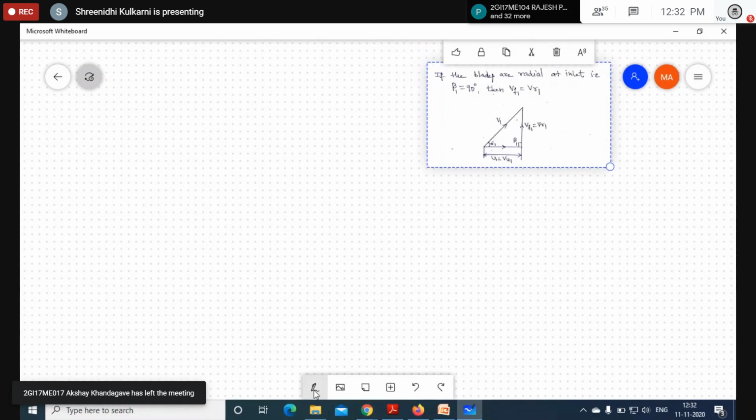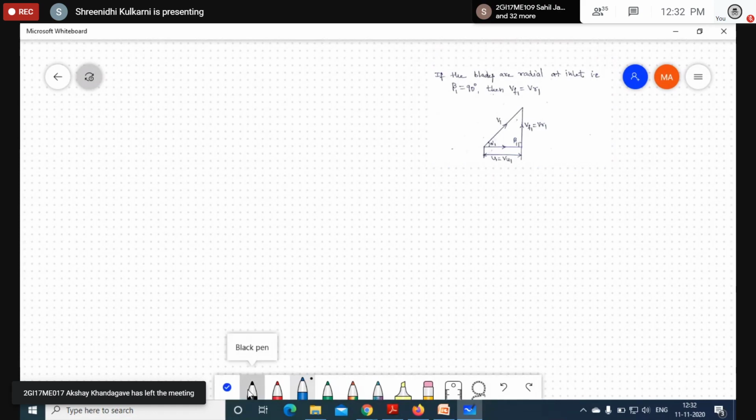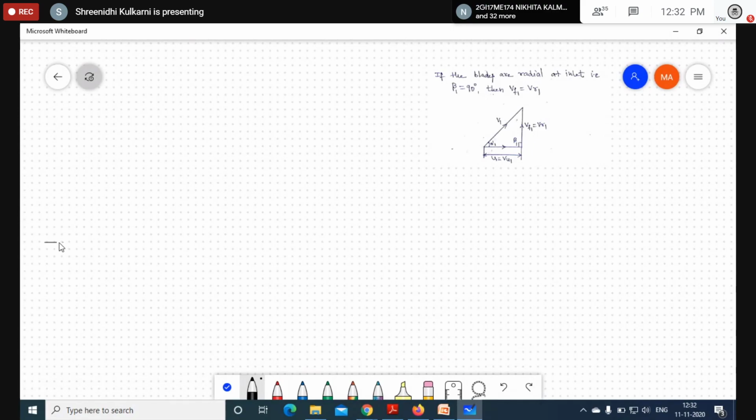Once again, I'm going to draw the velocity triangle here. This is the base velocity triangle, or a reference velocity triangle. This is the inlet velocity triangle. Still we are talking about the inlet velocity triangle.